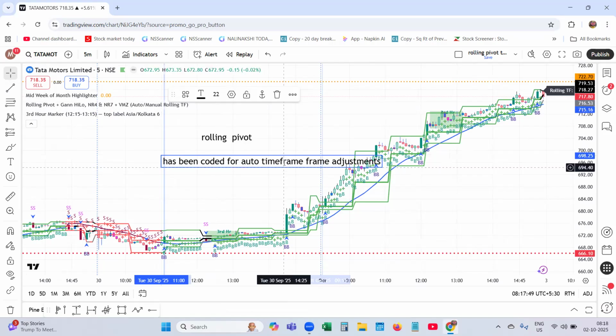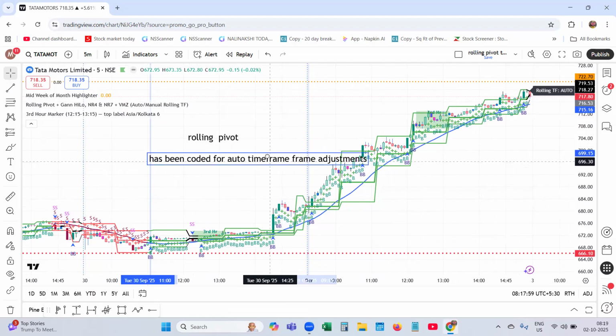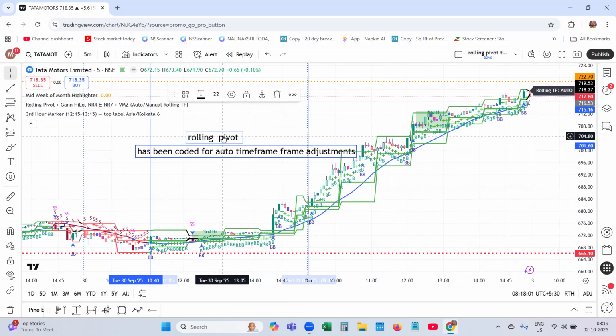If you are on an intraday time frame, 15 minutes or 5 minutes, the rolling pivot is auto adjusted to the hourly time frame, because hourly is very, very important for an intraday trader. Hourly balance, hourly supports are very, very important.